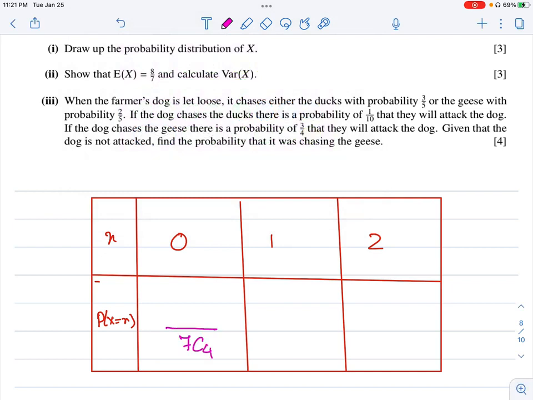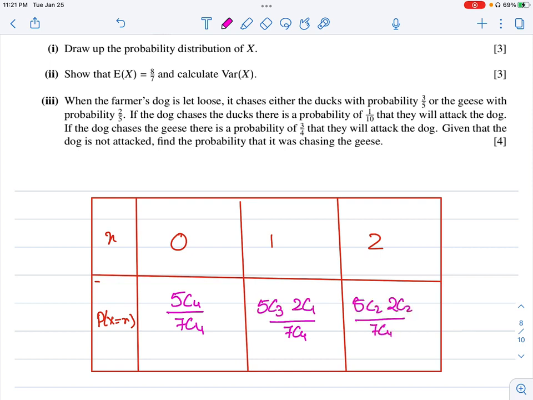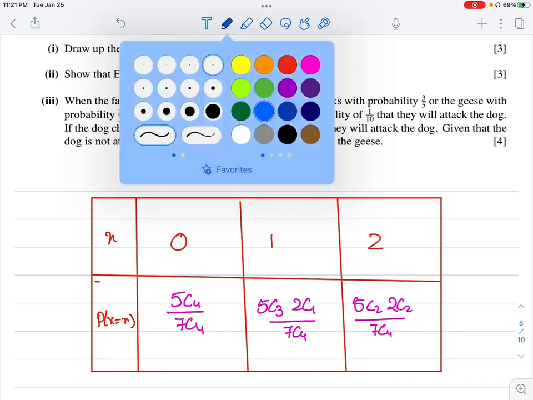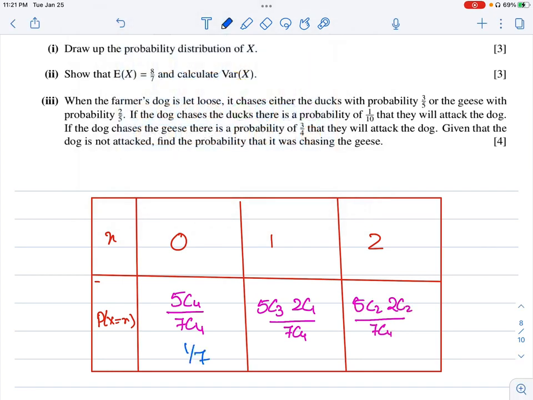Out of 7, 4 can be chosen in 7C4 ways, but for 0 geese all 4 should be from the ducks, 5C4. The next one is still 7C4, but I choose 3 ducks and 1 goose. And the next one is still 7C4, but I choose 2 ducks and 2 geese. Now, when I simplify by the calculator, this value gives me 1 upon 7, this value gives me 4 upon 7, and this value gives me 2 upon 7.